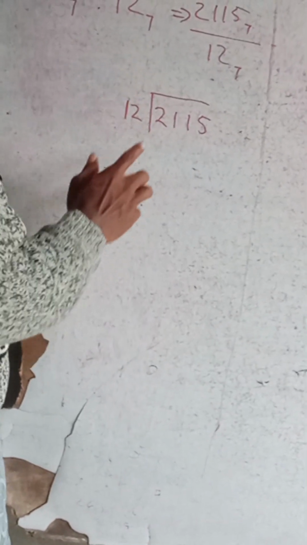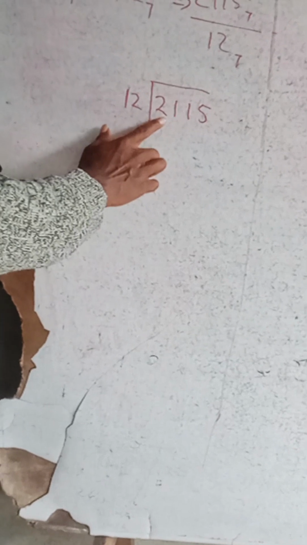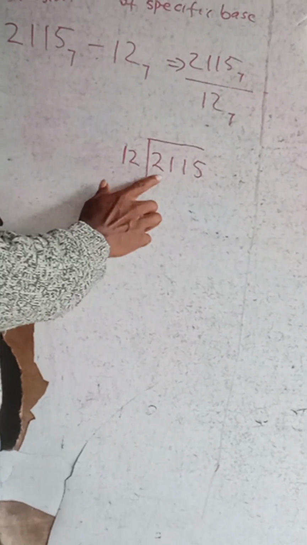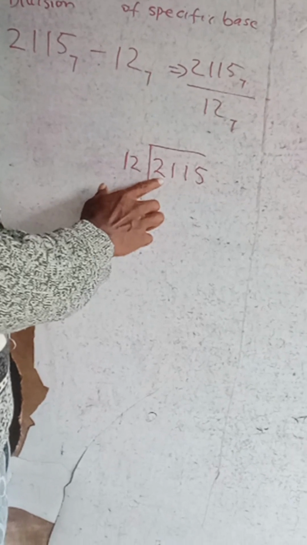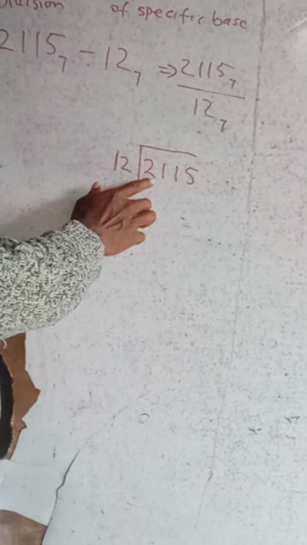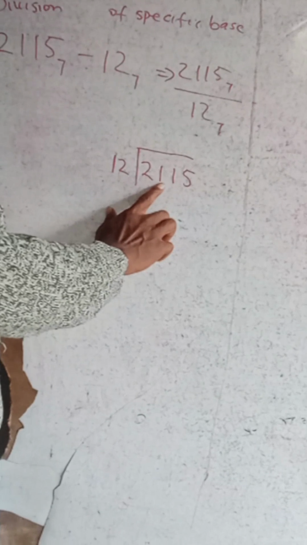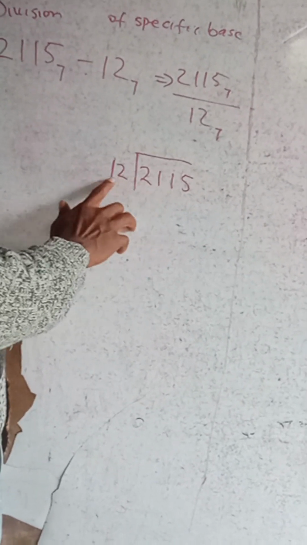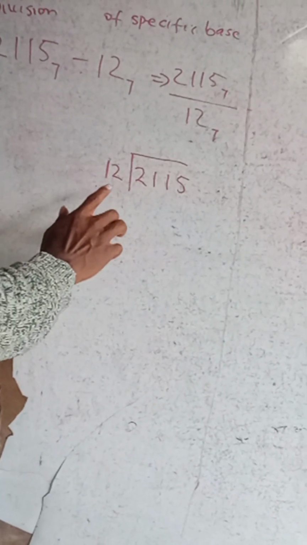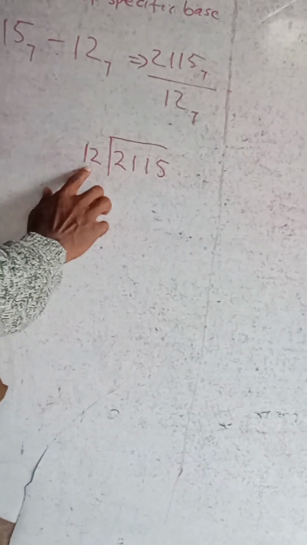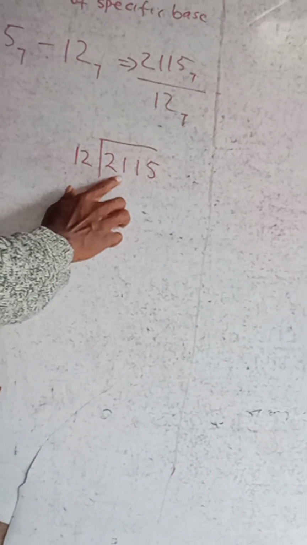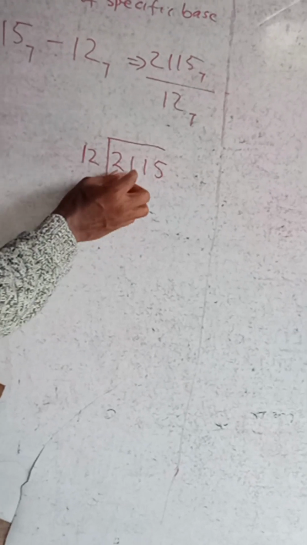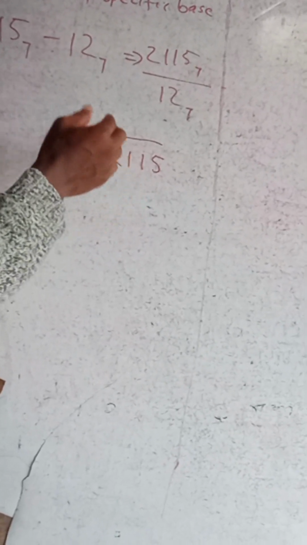Let's say if you are using 2 to divide 12, no, 2 is too small. 2 cannot be divided by 12. So let's make it 21. 21 is bigger than 12. So we can say, how many times is 12 going to appear in 21? Are you getting it?